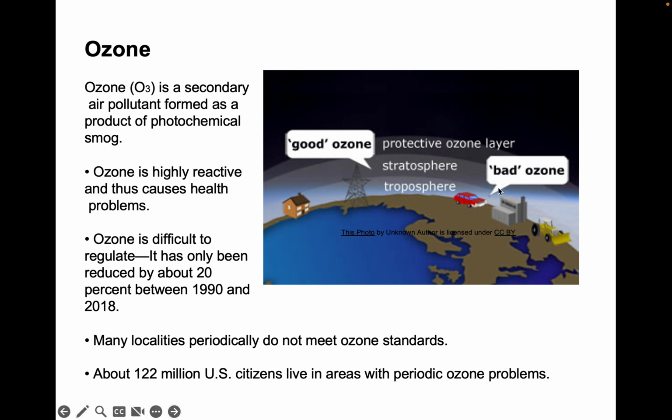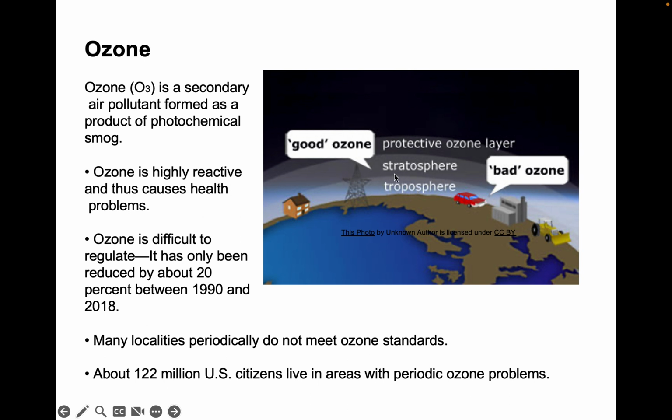If you look down here in the troposphere, this is where smog is formed. This is a bad place for ozone to be. When ozone is present down in the troposphere, it's a pollutant and it causes health problems because that's where we live and we're breathing it. Good ozone belongs up in the stratosphere.